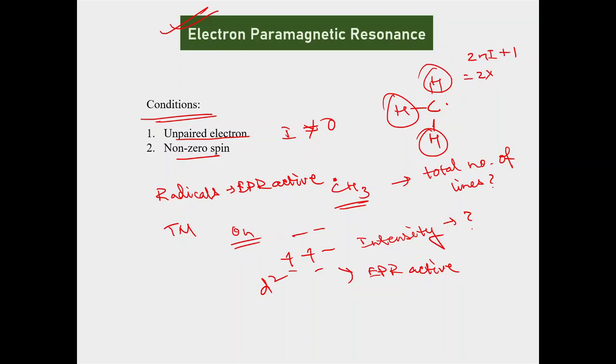So here the n value will be 3 for the presence of 3 H. And what is I? I for H is half. So it will be 2 times 3 times half plus 1. The 2 will get cancelled out, so it will be 3 plus 1, which is 4. So this will have 4 lines.